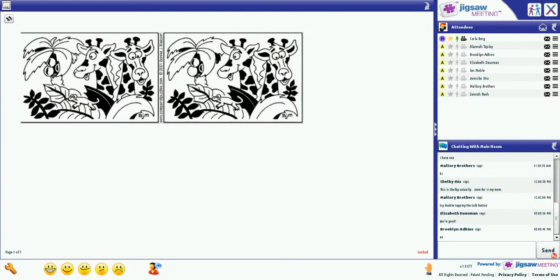I'm going to allow you all to write on the whiteboard, which I just did, and I would like you to try to find the differences between these 2 pictures. So I'm going to go ahead and do the first one for us. There is a line on that giraffe's ear, but not on this giraffe's ear.